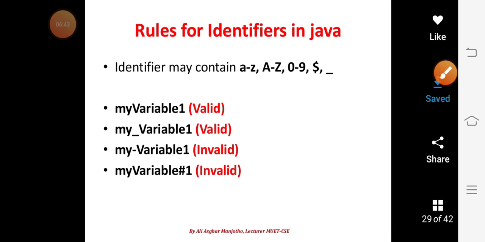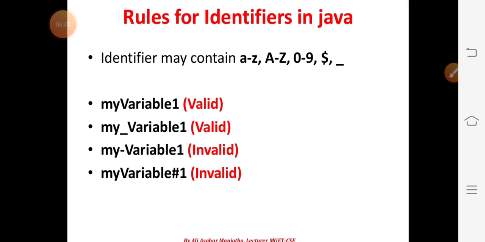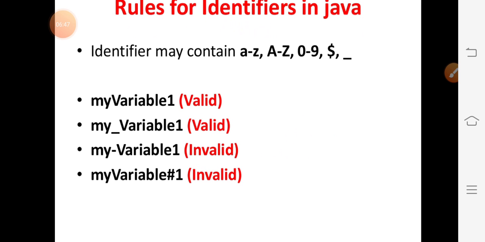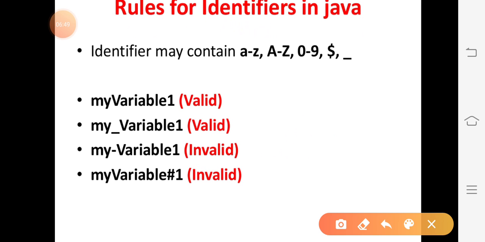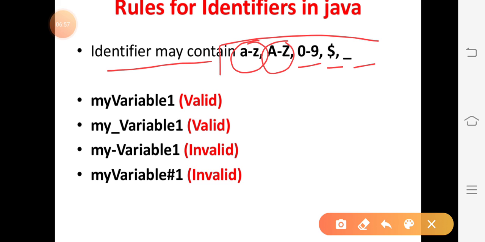Moving on to next, rules for identifiers in Java. Now first rule is, it says what? That identifiers may contain letters from small a to z, capital A to Z, from 0 to 9, $ sign and underscore sign. Only these are the values that you can use while naming any identifier, right?